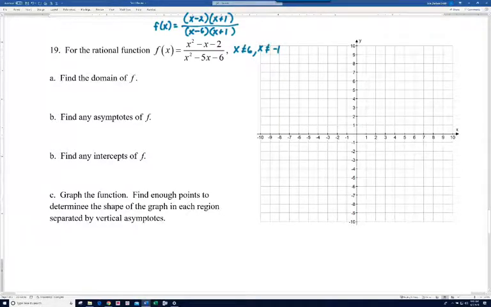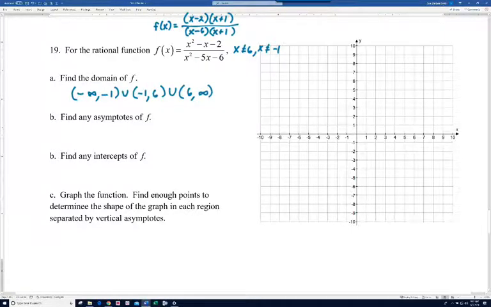But notice also, before I get into that, let's talk about the domain. Our domain can't include negative 1 or 6, so we're going to go from negative infinity to negative 1, and then from negative 1 to 6, and then from 6 to infinity.